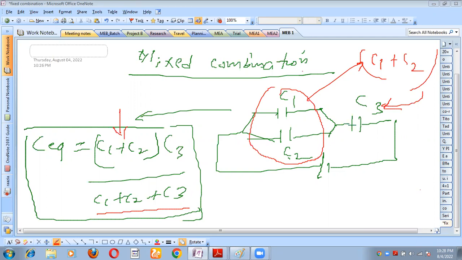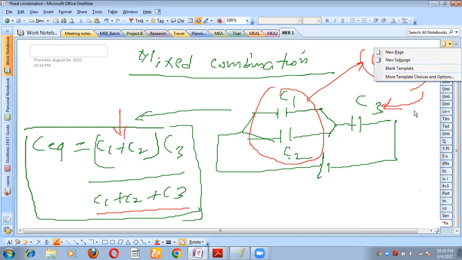One is the Wheatstone bridge. Both of you might know the Wheatstone bridge and symmetric cases. So two more concepts are there, which I will cover in the next class: the Wheatstone bridge and the other combinations like symmetric combinations. Apart from that, mostly we will do questions.